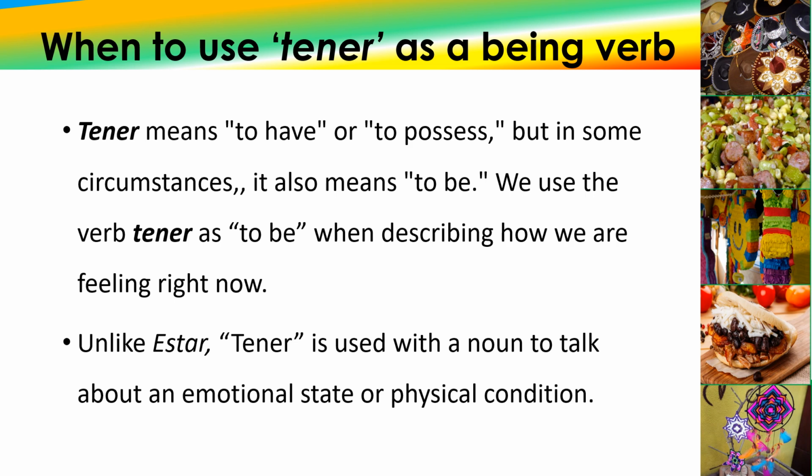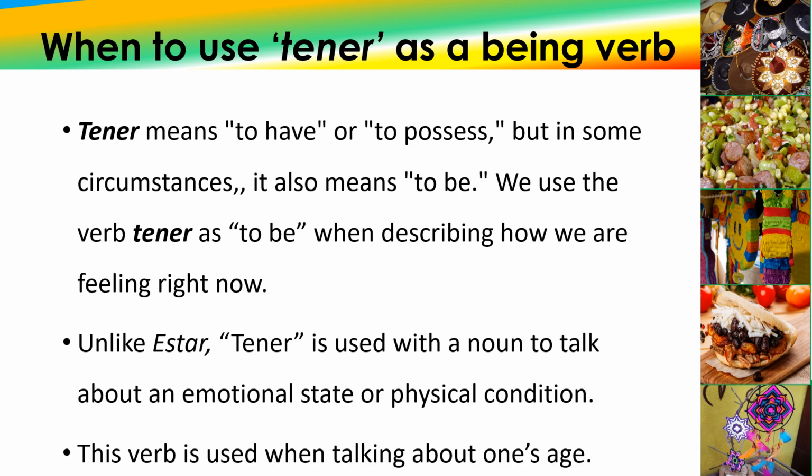Another thing we need to note as well, unlike estar, tener is used with a noun to talk about an emotional state or physical condition, and we also use tener when we are talking about our age. So now we are going to see the verb tener in action as a being verb.